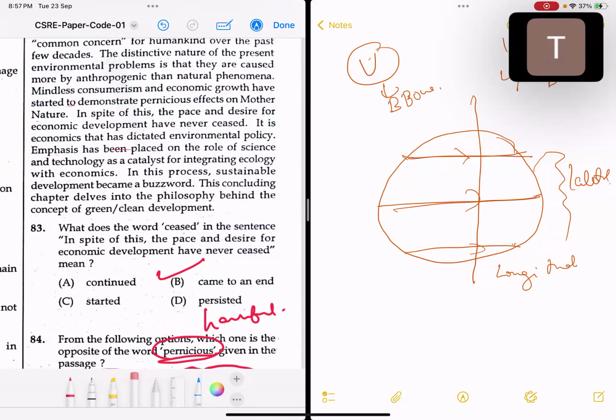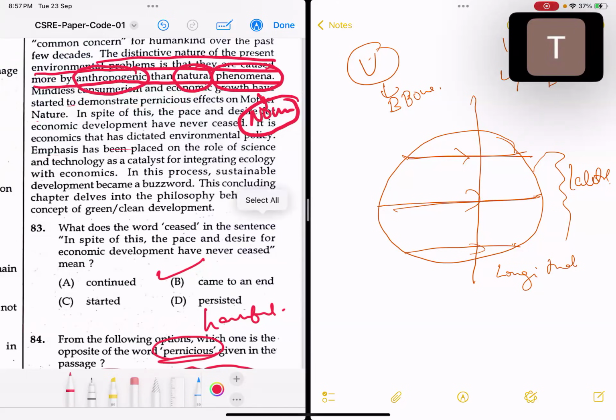It says here that the distinctive nature of the present environmental problem is that they are caused more by anthropogenic than natural phenomena. So the word phenomena is a noun, right? This noun is qualified by two words, anthropogenic and natural, which qualify the noun. So these become adjectives. Okay, so the correct option should be adjective.